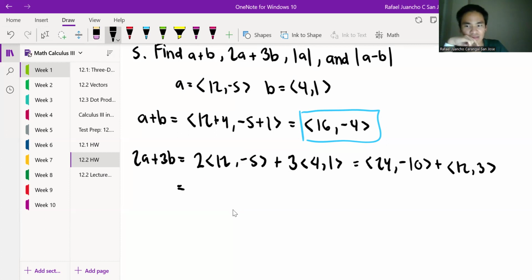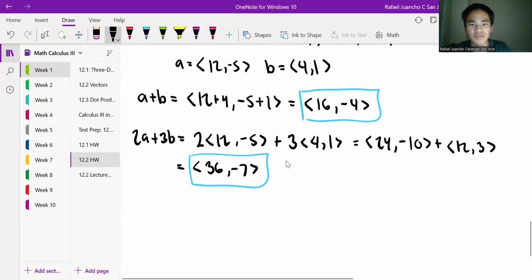And then I can add these. So I get 36. -10 plus 3 is -7. Should be, right? I think I'm brain dead. Yeah, -7. So that's that.